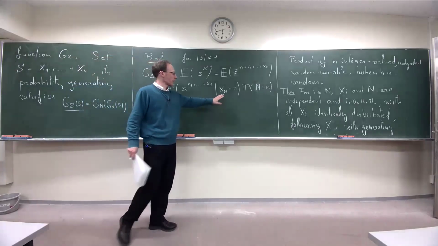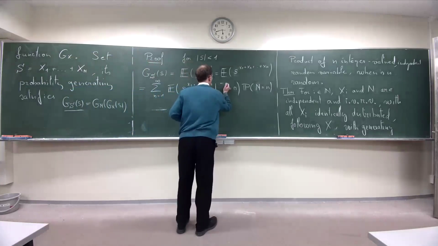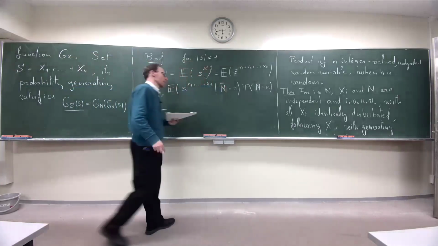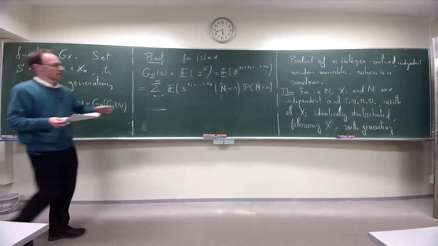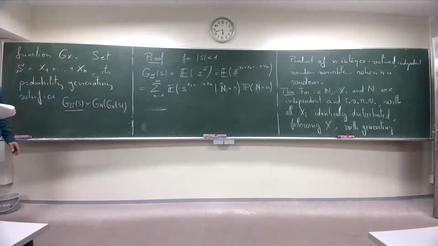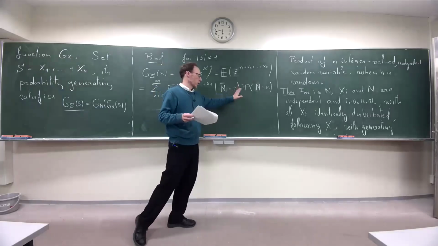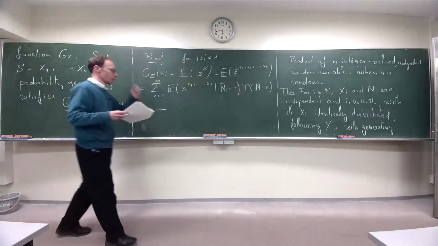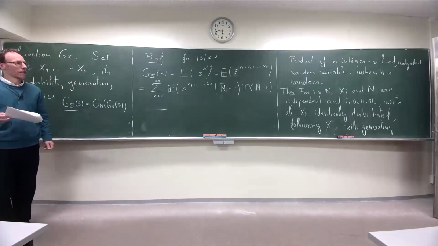Oh, sorry, it's not Xn, this is N. You assume that this random variable takes a value, I hope in the notes there is no mistake, it should be n here. You assume that N takes a value small n, and you multiply by the probability that this condition holds, right?